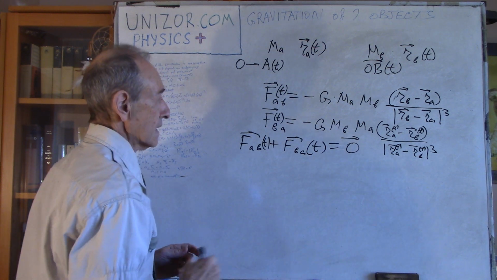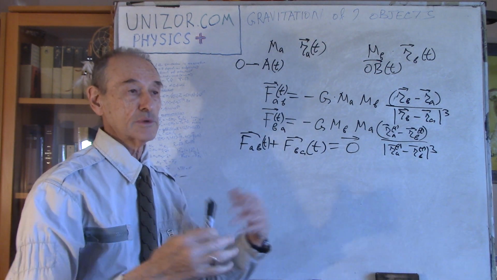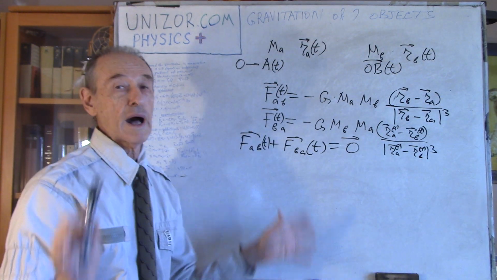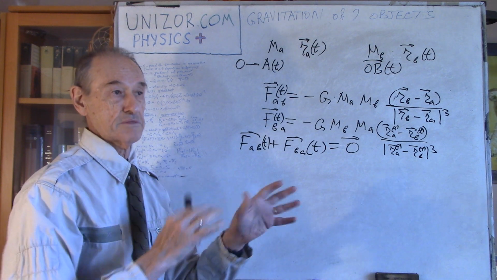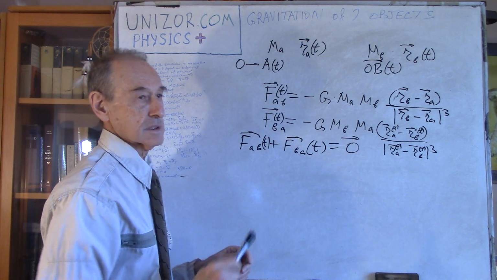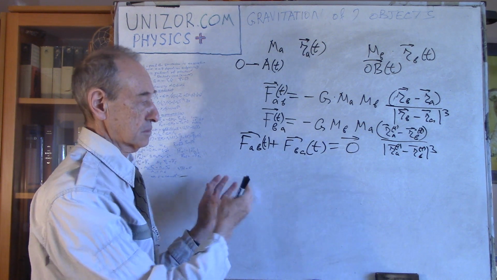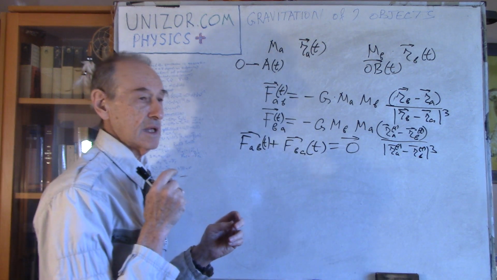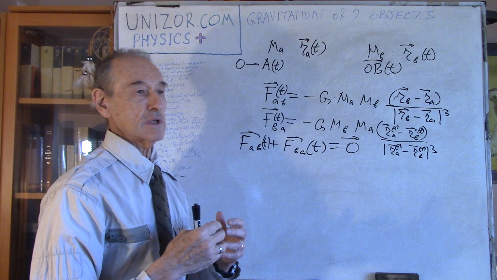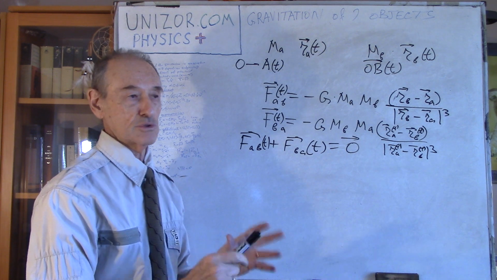What's next? Next is a very interesting statement that no matter how these objects are moving around each other, they're passing each other, whatever it is, if there are no other forces which affect their movement, then my statement is that the center of mass between these two, there is a point which is called center of mass, I'll bring the definition, is not experiencing any kind of a force, which means it moves with a constant velocity along the straight line, uniformly moving.